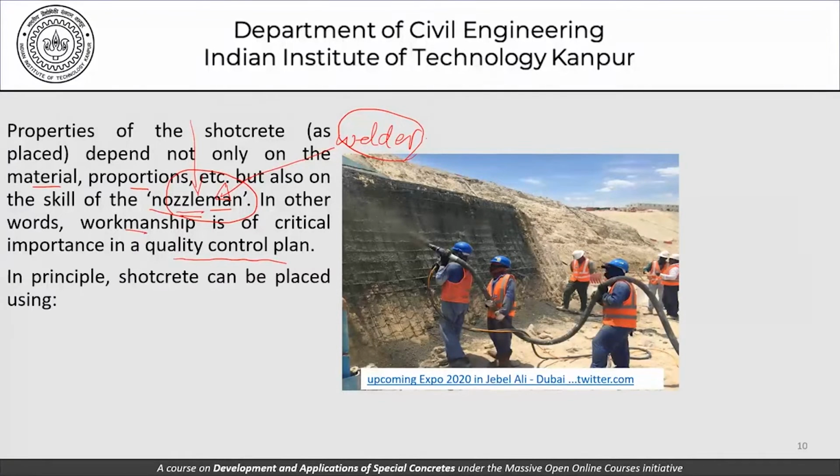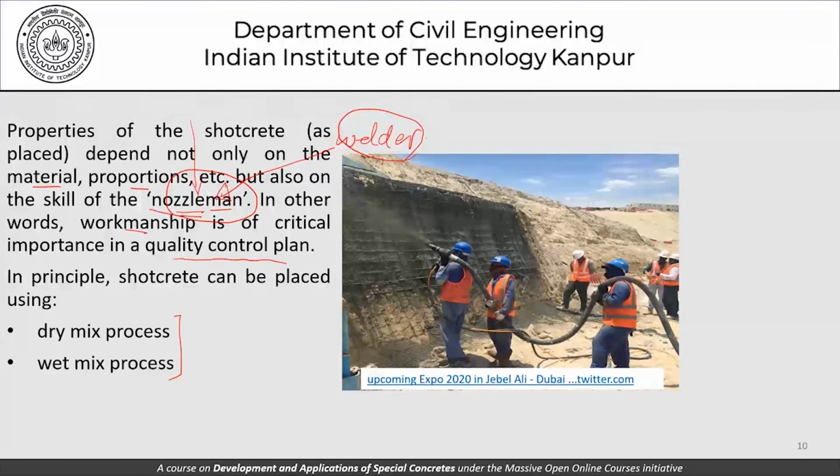In principle, shotcrete can be placed using two basic methods: the dry mix process and the wet mix process. While you are studying the qualification of a nozzleman, try to also think whether a nozzleman once qualified is qualified for both the processes, or if he has qualified using one process, he can still do the shotcreting for the second process.